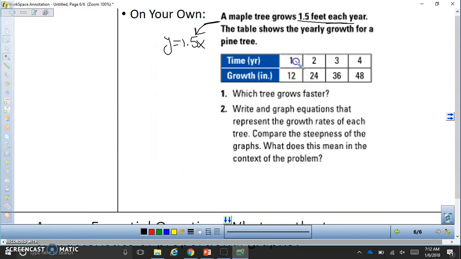We're looking for this rate of change from here to here. And it looks like we're just multiplying by 12. 1 times 12 is 12. 2 times 12 is 24. So this second tree, a pine tree, is y equals 12x. I need you to graph them and say which one grows faster. We wrote the equations, then you're going to graph them, and now I need you to compare the steepness.